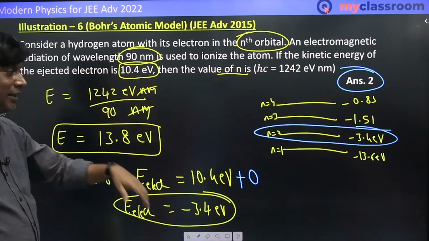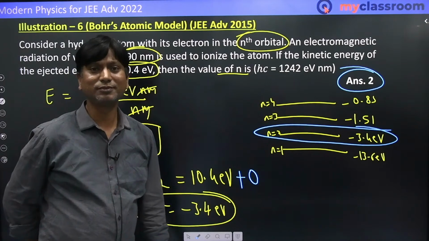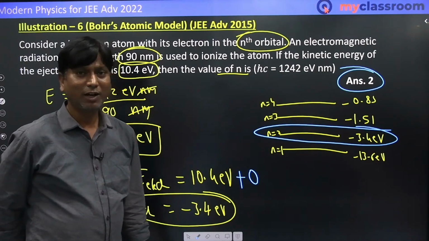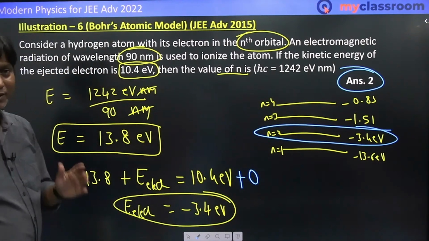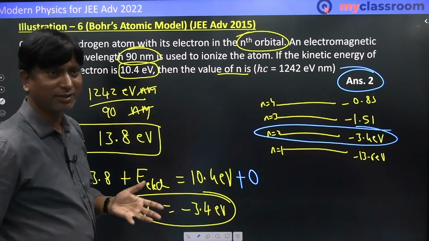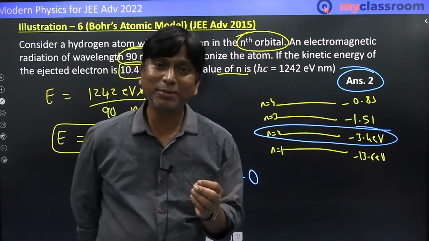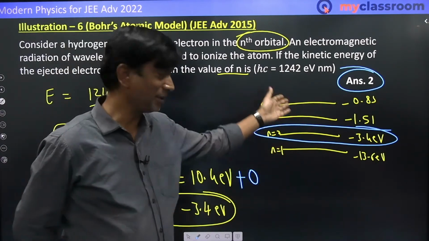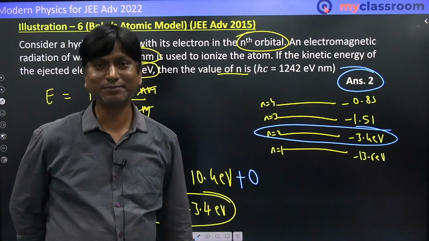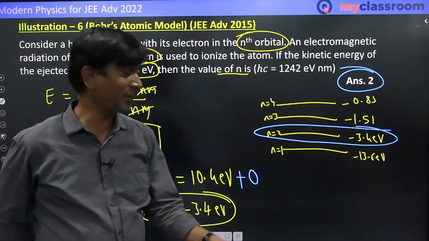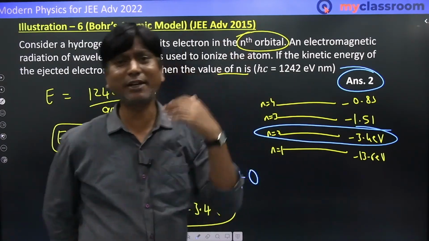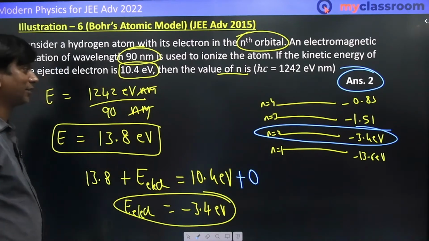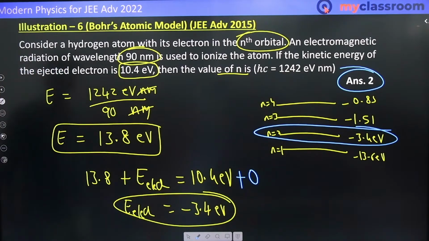With what kinetic energy will it come out? Correct or not? So 13.8 minus 13.6, if you do, you will get 0.2 electron volts kinetic energy it will come out with. If the same energy is given to the electron in the ground state, it will come out with a kinetic energy of 0.2. Getting my point? So just think energy concept, that's it, right? Already, because energies are negative in those orbits, and you give some positive energy, and if the positive energy is greater than that negative, it will come out with kinetic energy, no doubt about it. Clear? Right. Okay. Next question.